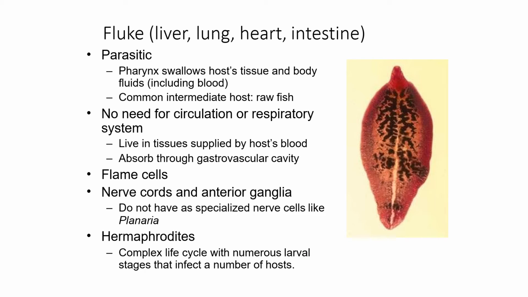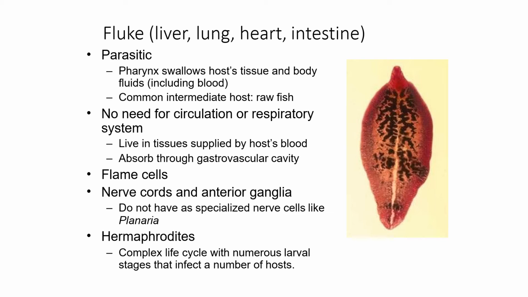Students, this liver fluke can be found in the liver, lung, heart, and intestine. It is parasitic. Parasitic means it lives on a living organism and takes its food from another living organism. The pharynx swallows host tissue and body fluids, including blood.